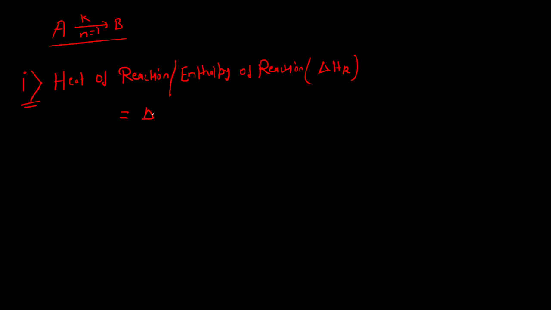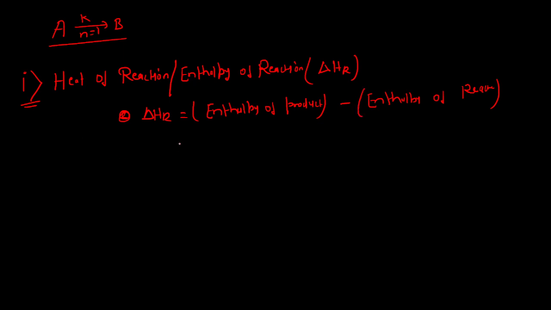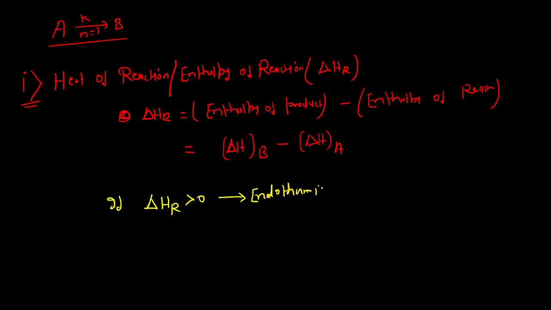So delta H of R, the enthalpy of reaction, is equal to the enthalpy of product minus the enthalpy of reactant, that is delta H of B minus delta H of A. If delta H of reaction is greater than 0, that is called endothermic, and if delta H of reaction is less than 0, then that is called the exothermic reaction.